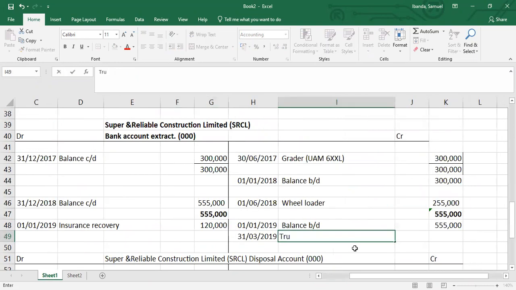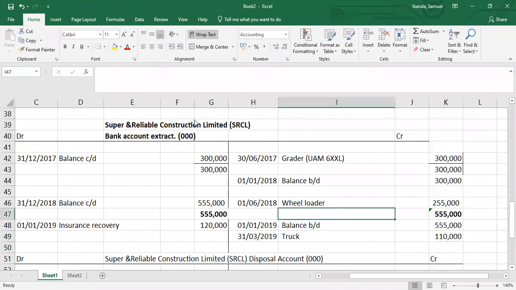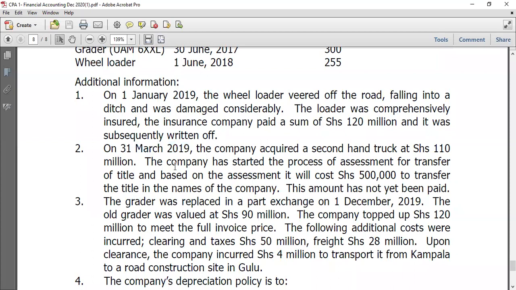So this is truck 110,000. They acquired the truck for 110, the company started assessment for transfer, it will cost this, and this amount has not yet been paid. So that is how you account for this.